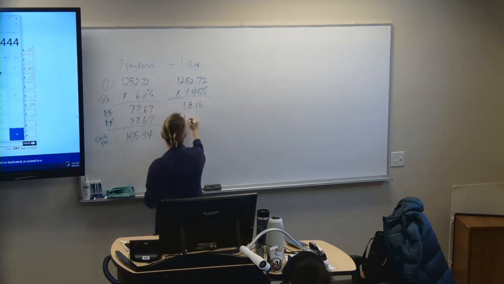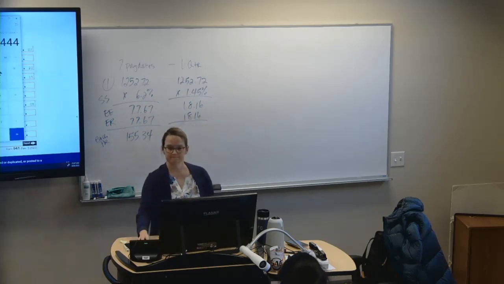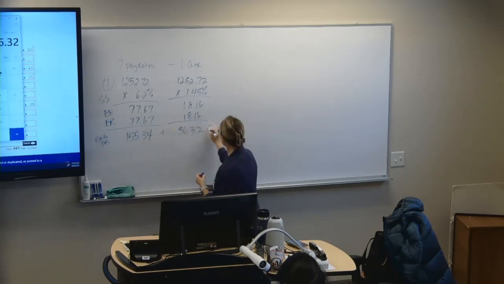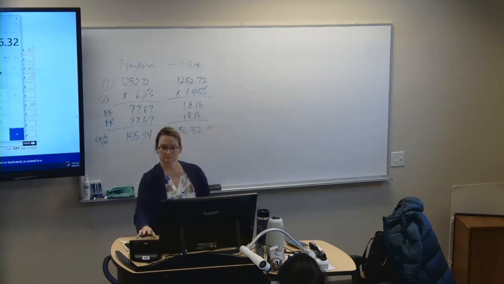So employer portion, employee portion, 18.16 each, so 36.32. So for each pay period, this is how much we're withholding.